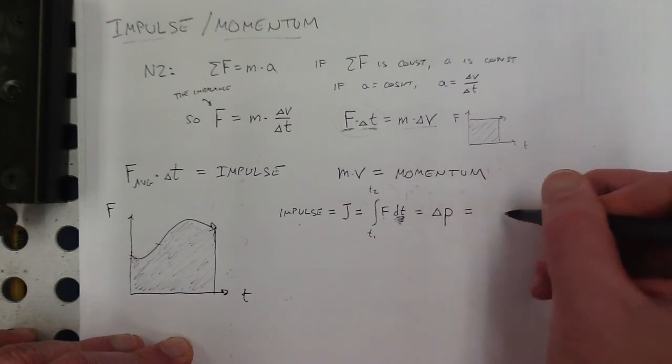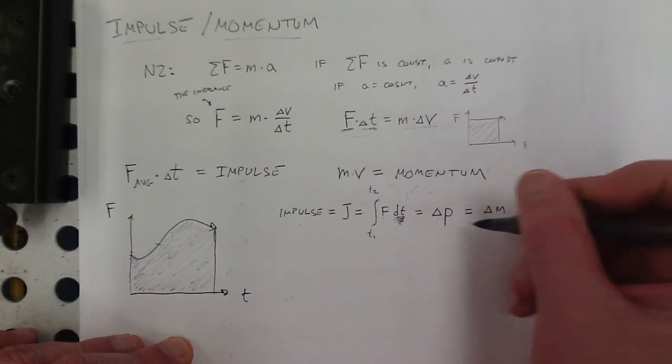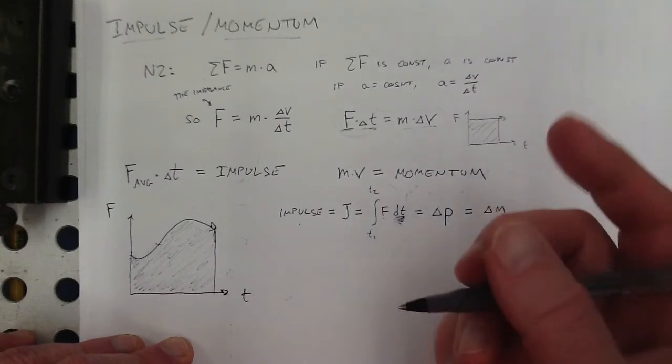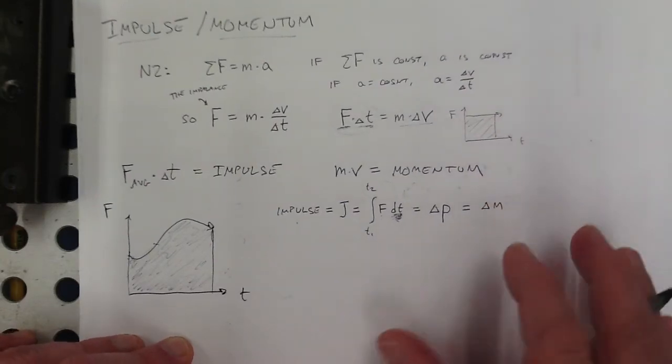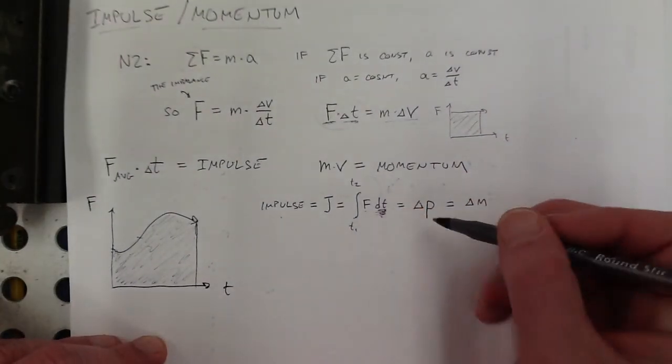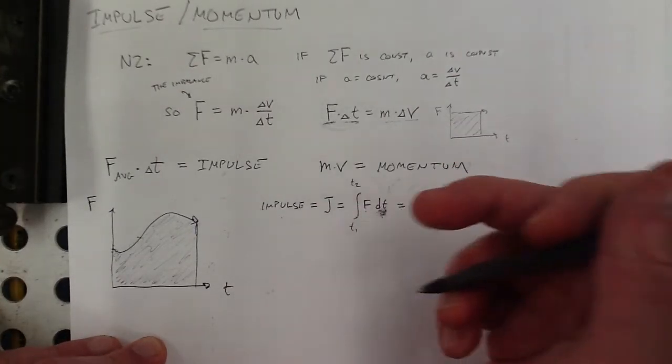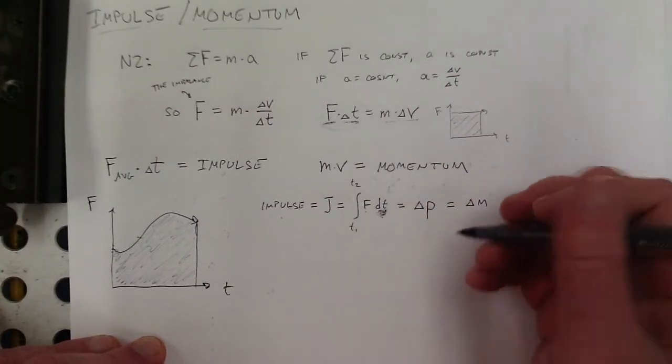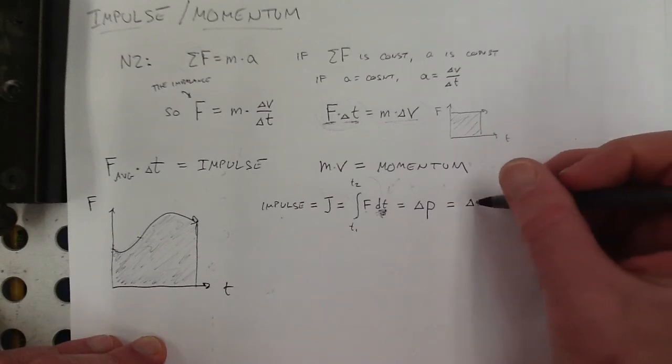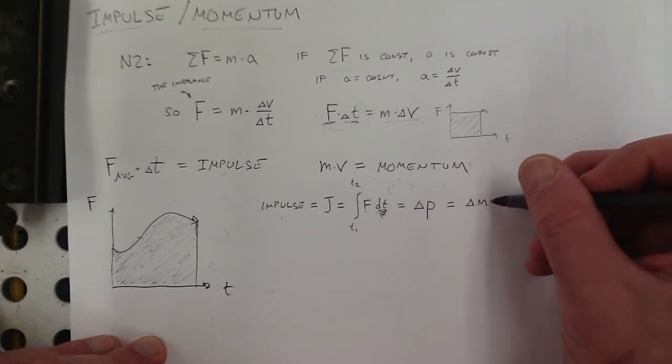momentum. So momentum, we're going to use a lowercase p. Sorry, lowercase m, that's mass, was taken. So I just rummaged around in the alphabet nearby. Didn't like O, because that looks like a 0, so there you go. So delta mass times velocity.